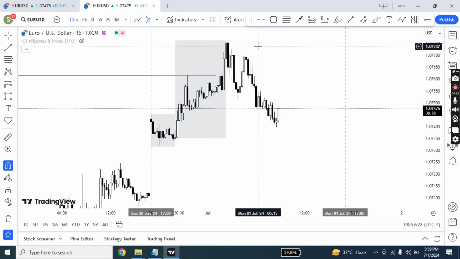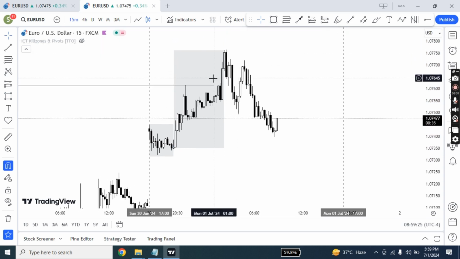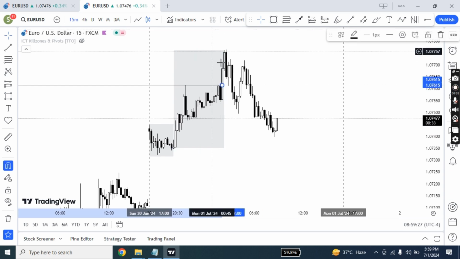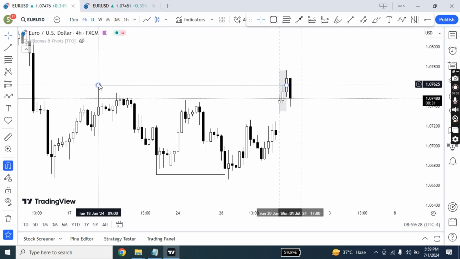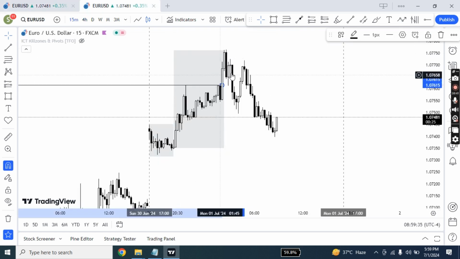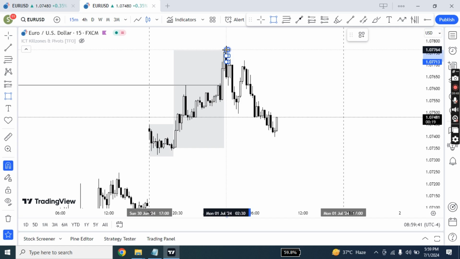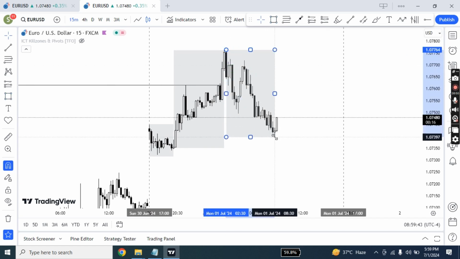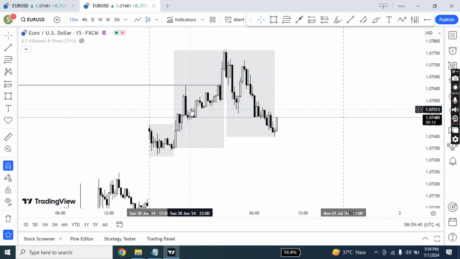Now the unique thing about this expansion again is that with this expansion what we did is we took out another key level, which is in the form of this 4-hour swing high or range high, and this expansion tested a key level. So after that, what can we expect? We can expect a reversal, right? So you can see here that we are using proper logic here.